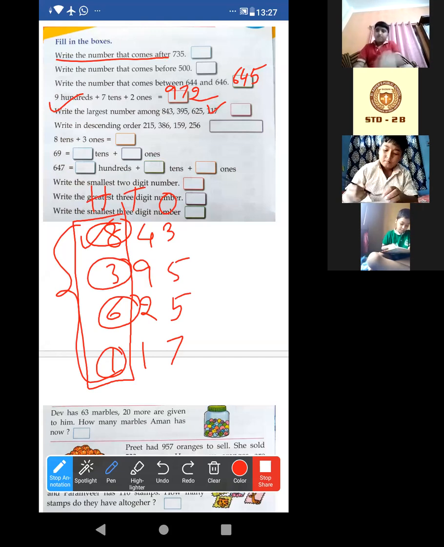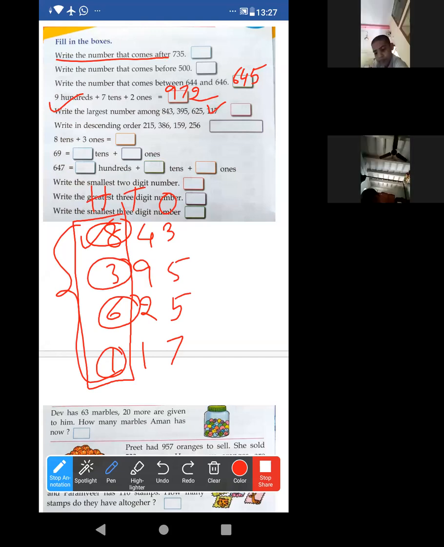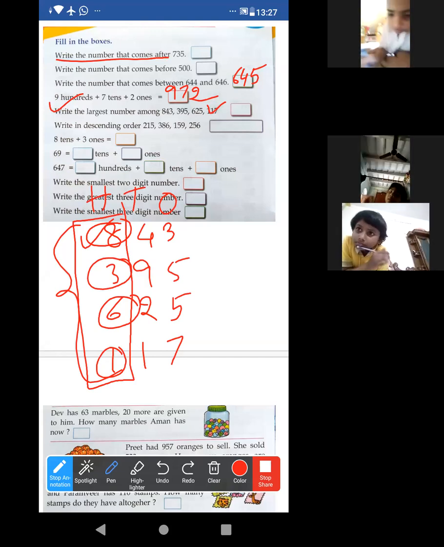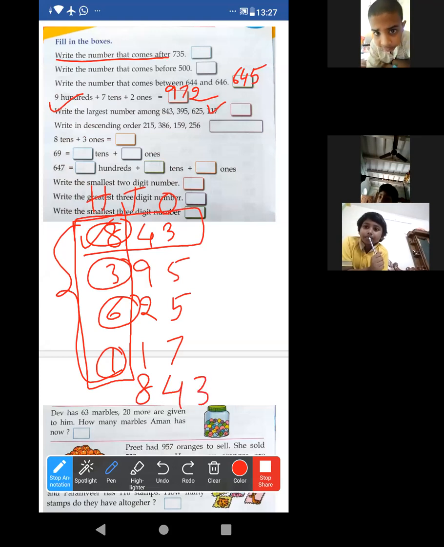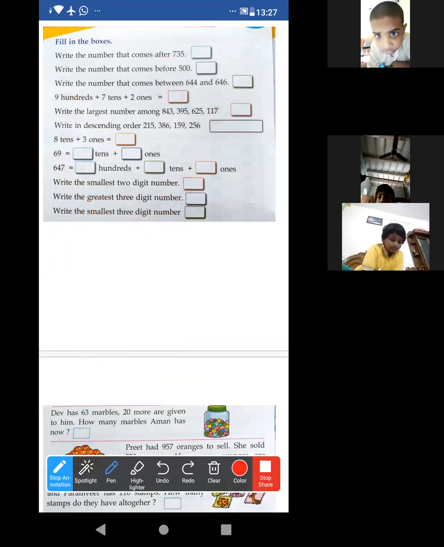Okay? Ankush, you are doing Tom. Definitely 8. So definitely this number will be the greater one. 843. So what to write over there? Just write. But write the full statement, whole statement.